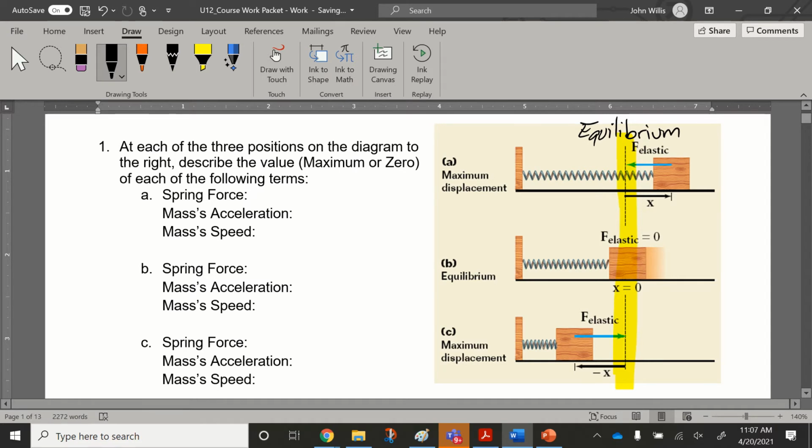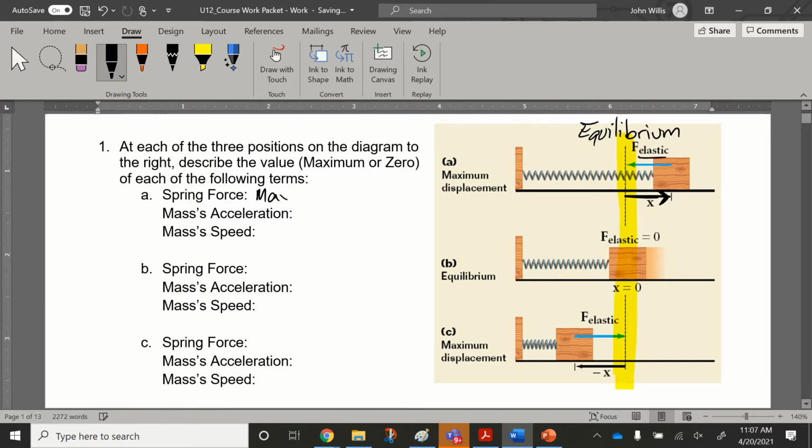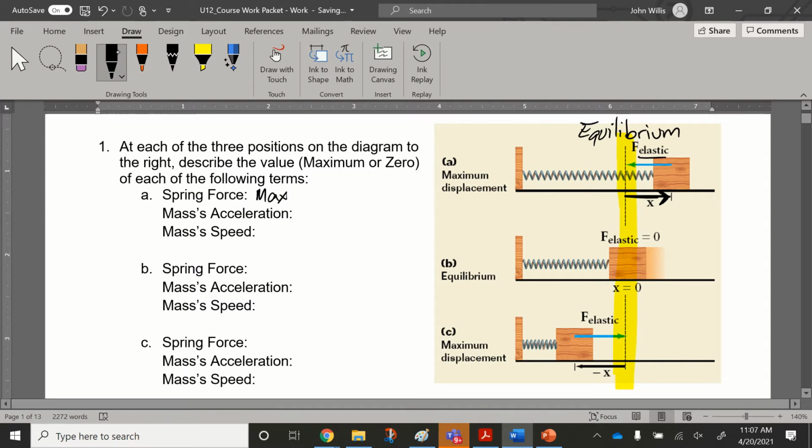And if we pull this little wooden block to the right, away from equilibrium, and leave it there for a fraction of a second, right before we let it go, there is a lot of elastic force pulling back on it, just like there was in the last example. And the moment you let go of it, it will have its largest value of acceleration. But when you let go of it, its velocity still starts at 0, just like my daughter on a swing.